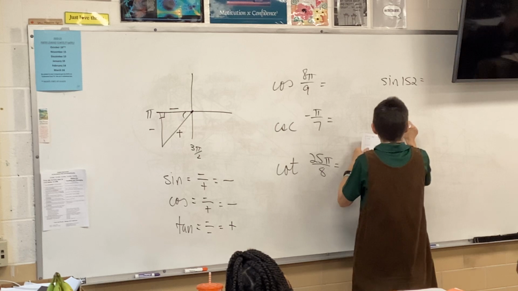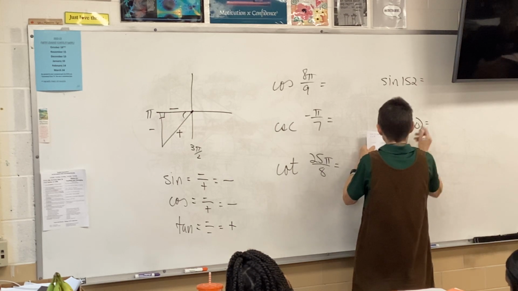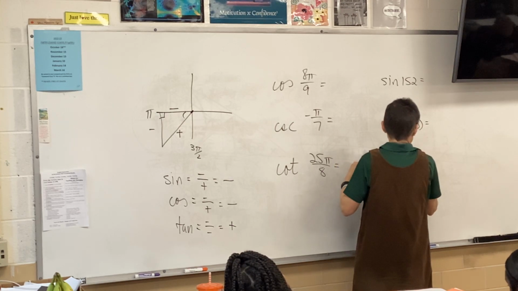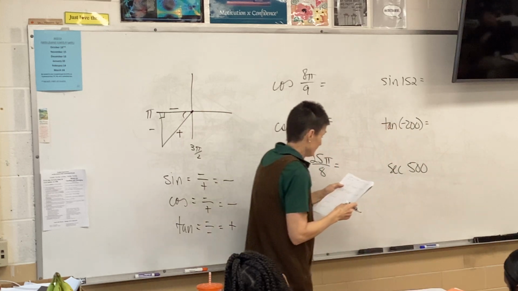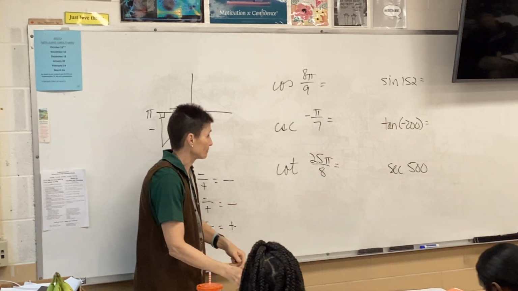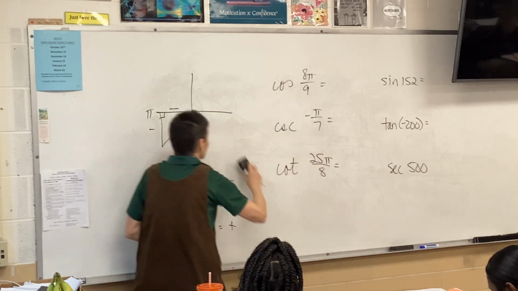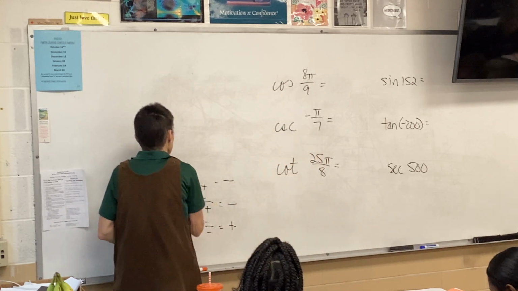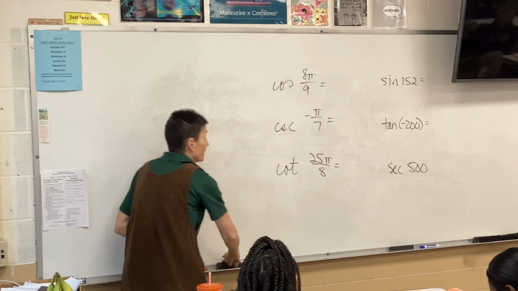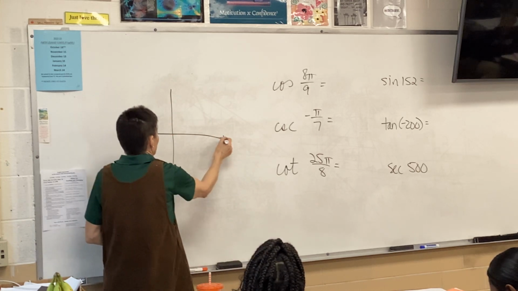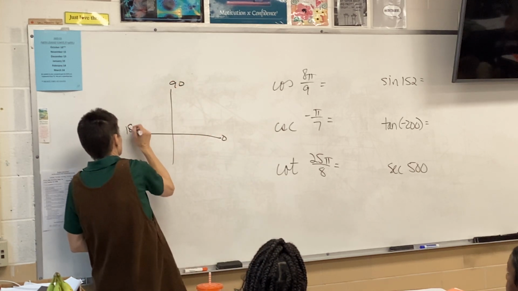Usually the degree ones are easier, so let's start with the degree ones. So that's D, E, and F. And let's remember that in math land, these are our labels.